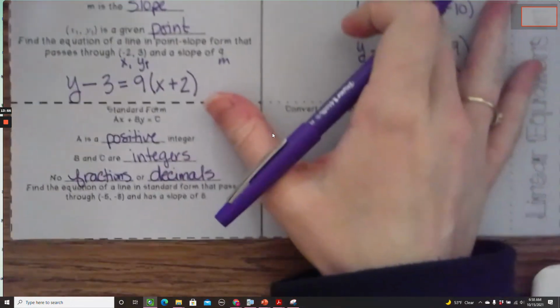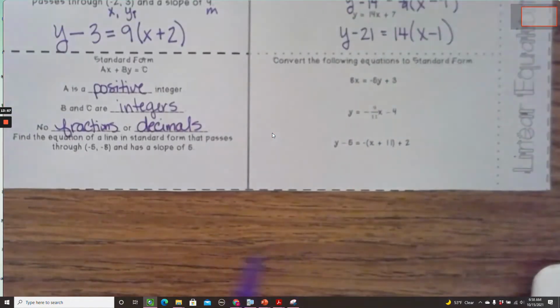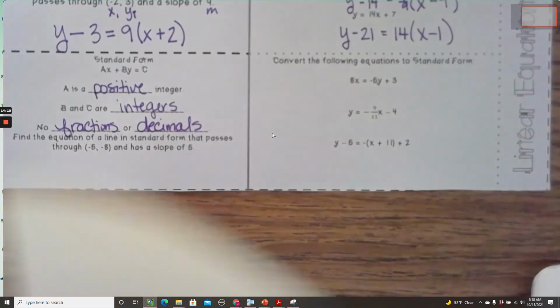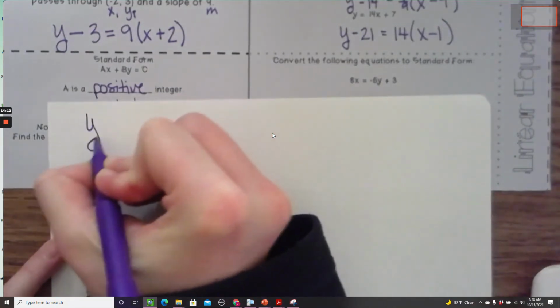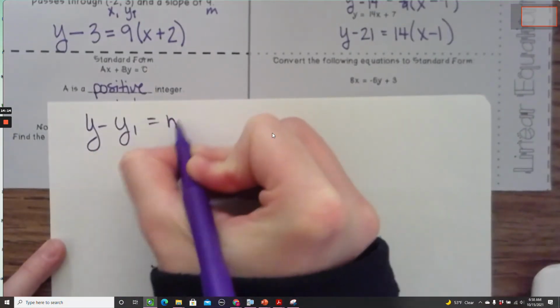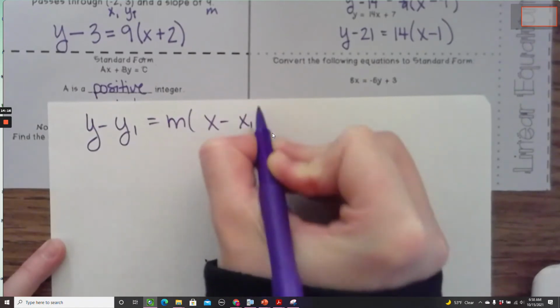Find the equation of a line in standard form that passes through -5, -8, and has a slope of 5. Okay, so we've got to write an equation here. So let me grab a new sheet of paper. I can write this in point slope form. So y minus y1 equals m times x minus x1.